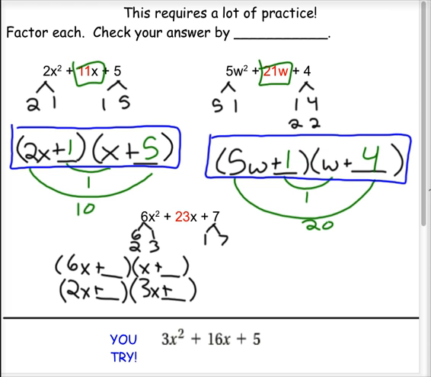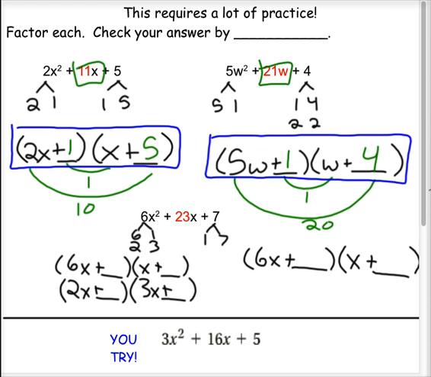So I'm going to choose one to run with and see how it turns out. I'm going to begin with my 6x plus a number and my x plus a number. And now the cool thing is for this one, we actually only have to try one thing each time because we automatically know it's 1 and 7.